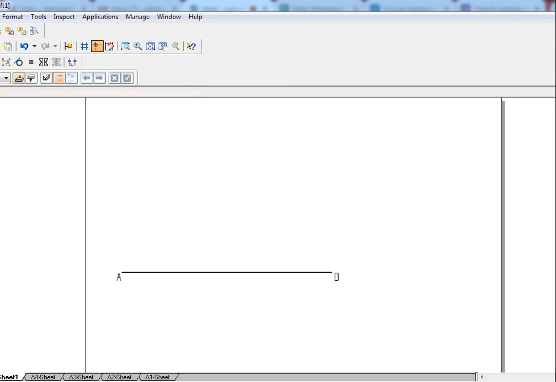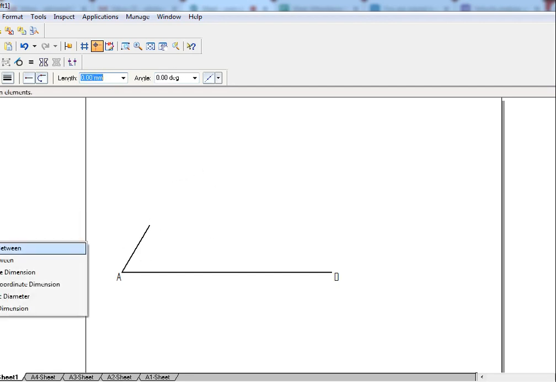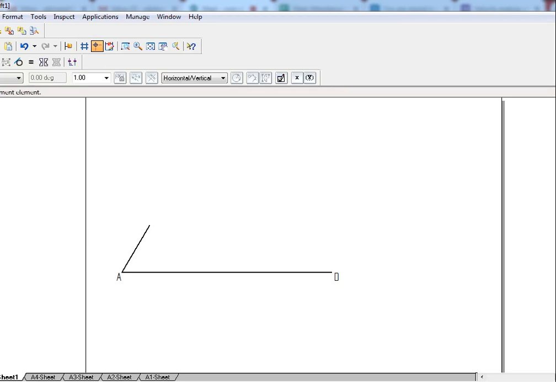Next, from point A, it is an angle of 60 degrees. So from this side the angle is 60 and the length is 40, right? So 40 and the angle is 60. So you can take a 60 degree angle. I'll show you the angle also. This is 60.